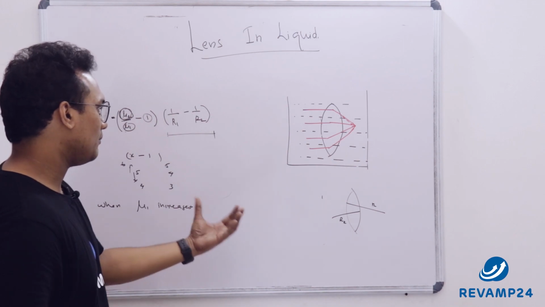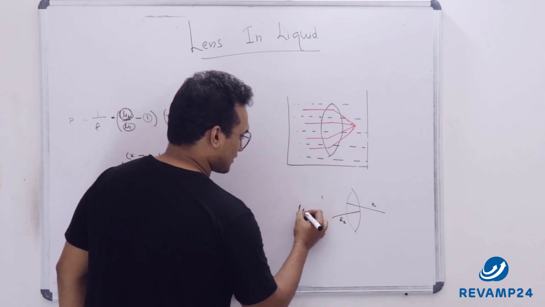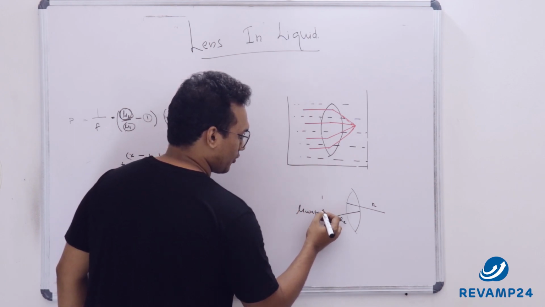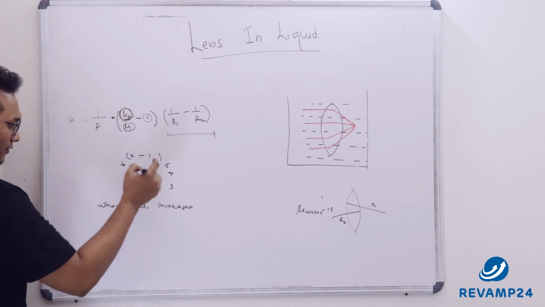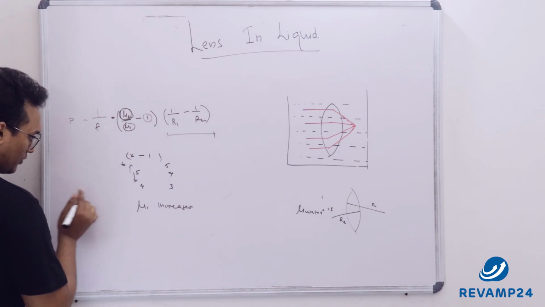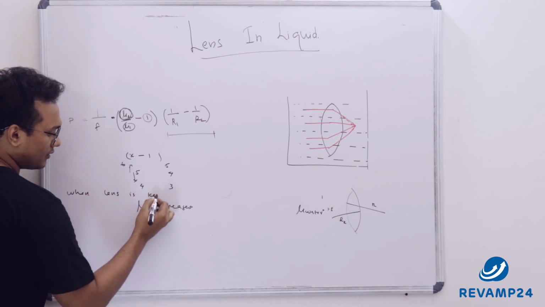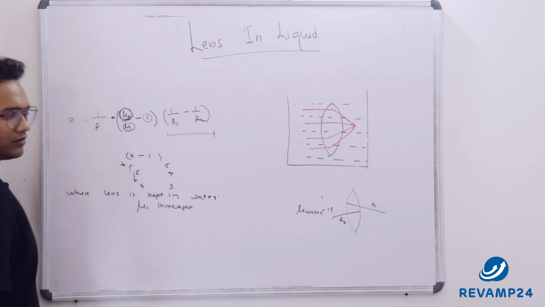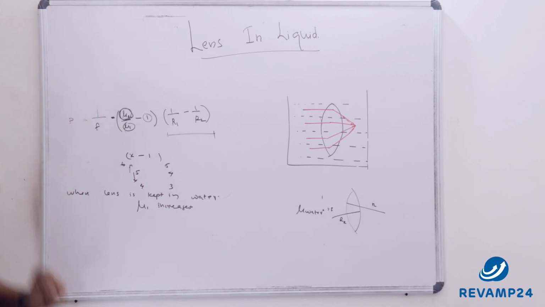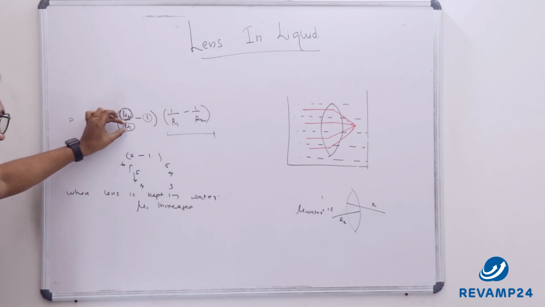Now the same lens, when kept inside water, the refractive index of the liquid becomes approximately 1.3. So when the lens is kept in water, mu1 increases. In air, mu1 was around 1, but in water it is 1.3, so this value increases.